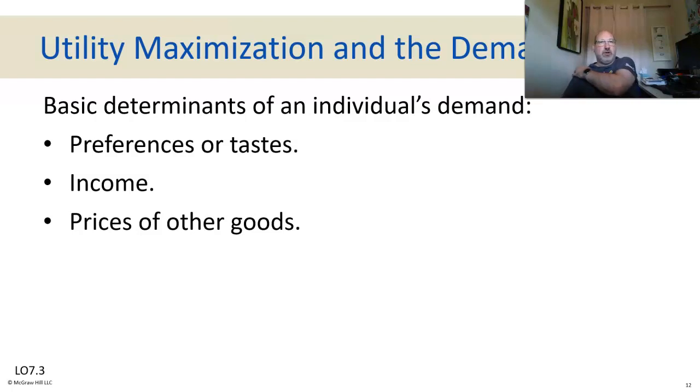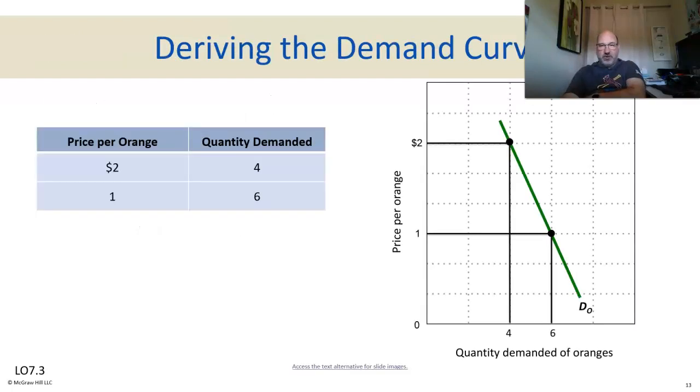Also, price of other goods. So if other goods start to go down in price, and you start noticing that, you may look at it and go, how much do I like those cheap things? Those things are relatively less expensive now. Do I like them enough to start buying them? Maybe I start buying them a little bit more.